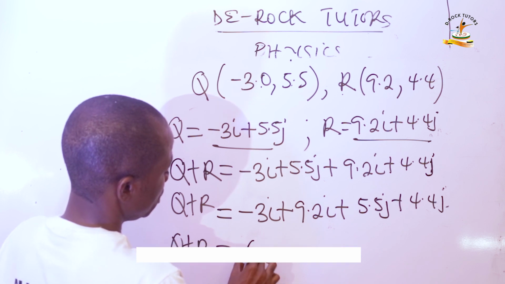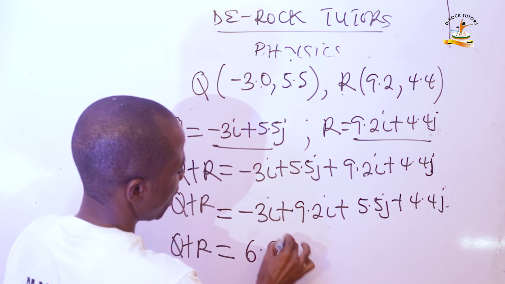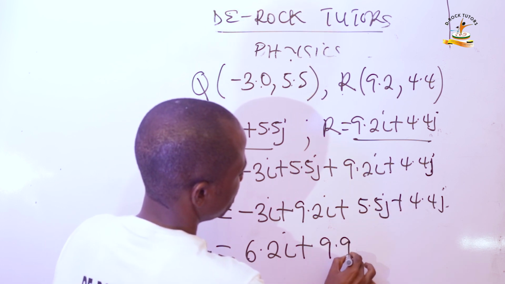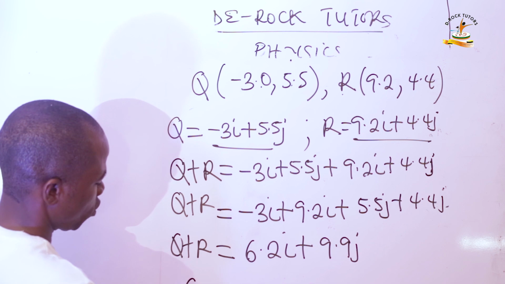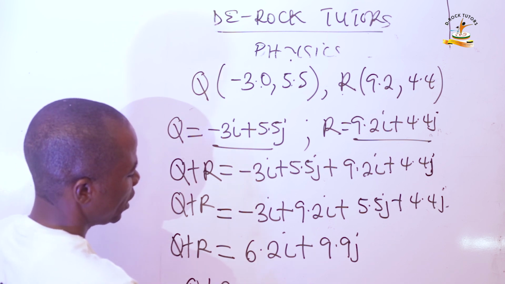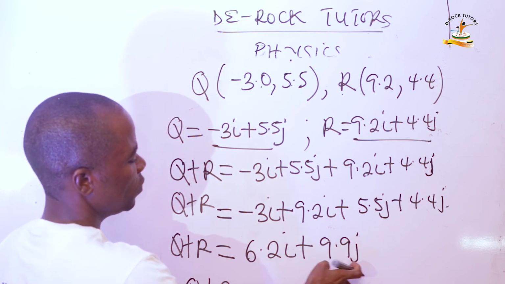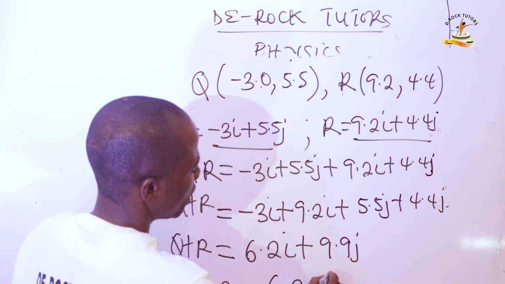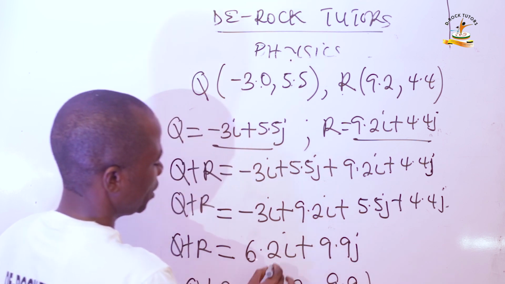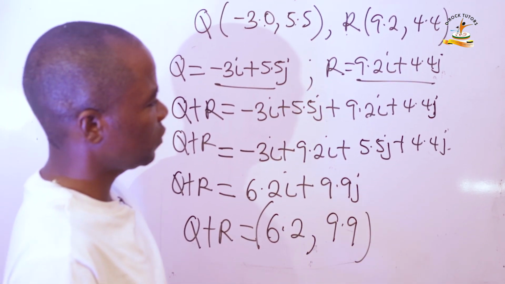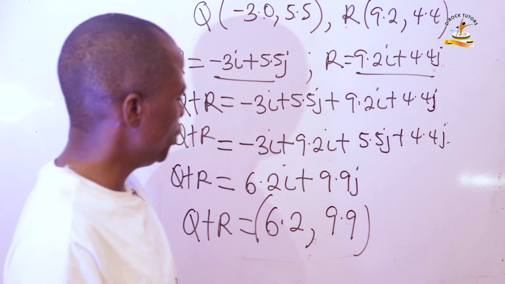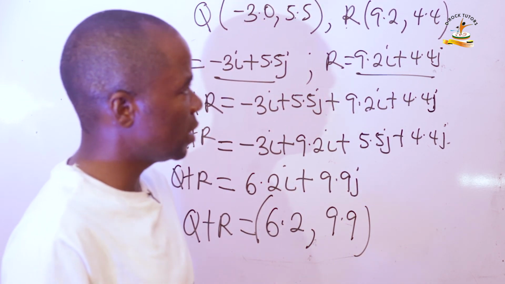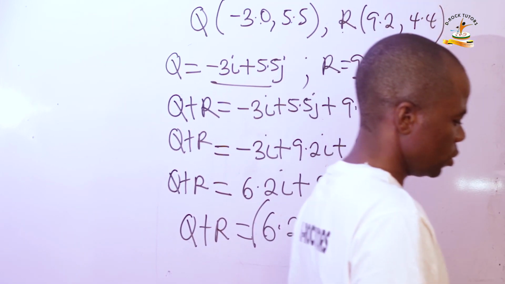We get 6.2I plus 5.5 plus 4.4, 9.9J. So the component of Q plus R now would be, all you need to do is just remove the I and the J. We now have 6.2, 9.9. So if you look at the options, which option satisfies that? That is option B, 6.2 and then 9.9. The correct answer for 57 is option B.